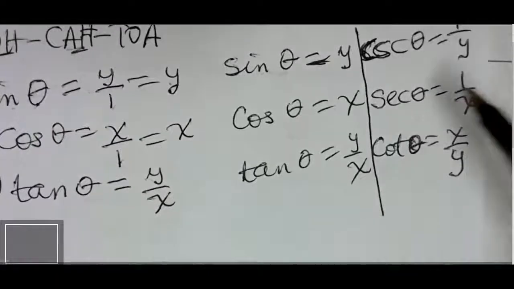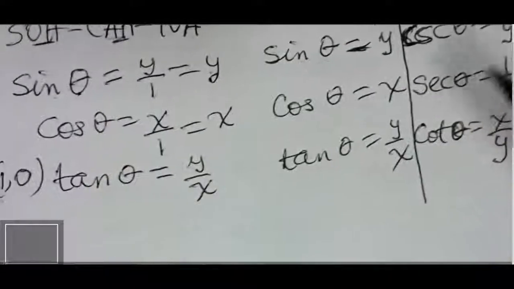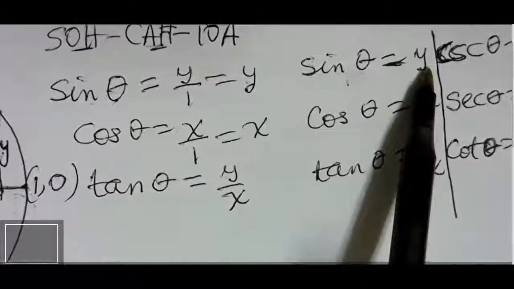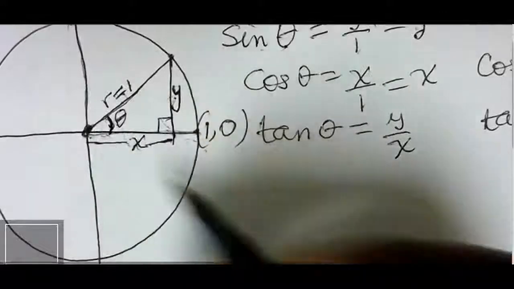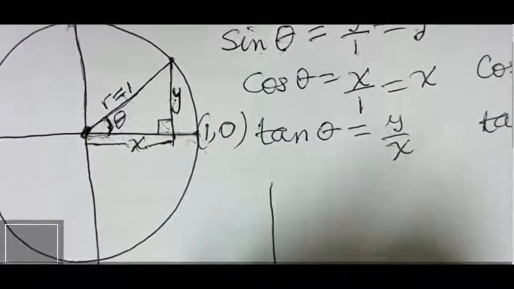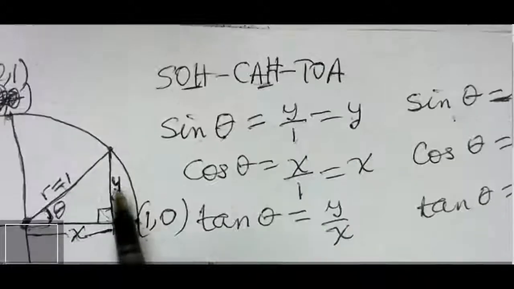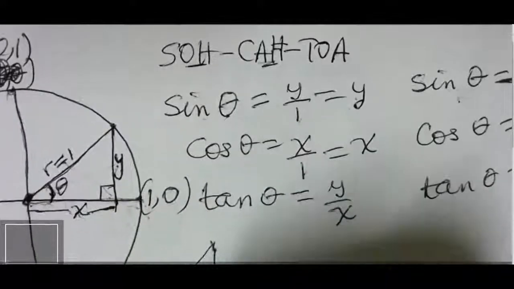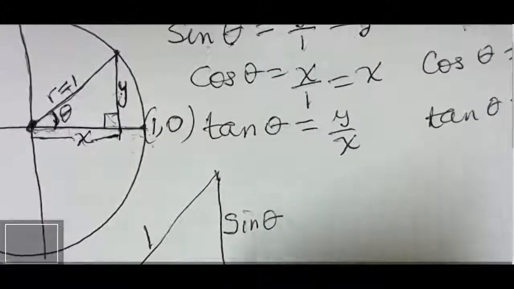Then we can use substitution to get more equations, since we know that sine is y and cosine is x. So we can actually get this triangle out of this, just draw it without the unit circle. So y is sine theta. We can replace y here with sine theta, but the hypotenuse is always 1.